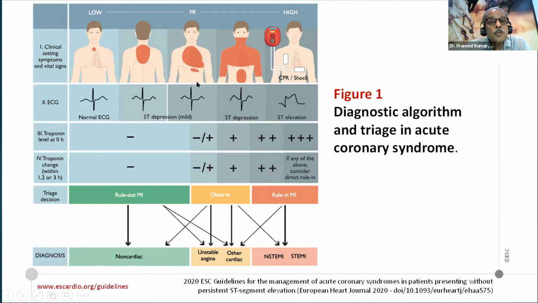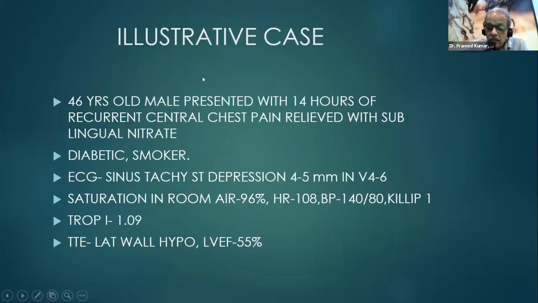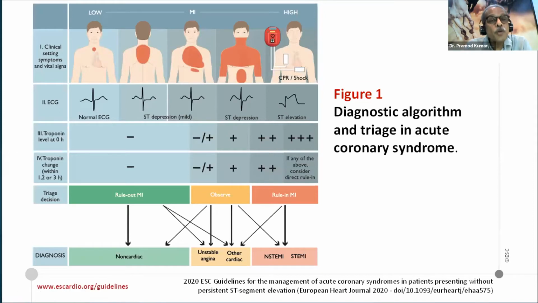The intermediate group is group two, where the presentation is more typical, the chest pain is more typical, the radiation is more typical, there are ECG changes, and the troponin is now going to rise. The role of troponin, especially high sensitivity troponin, which the guidelines mention, is extremely important.